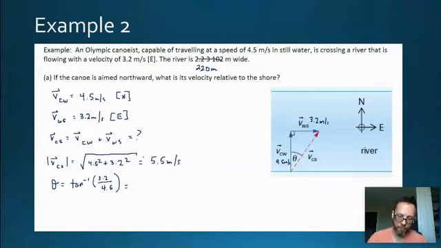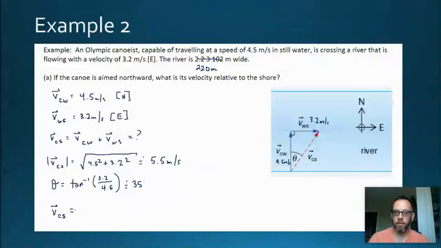And the direction, 3.2 divided by 4.5, inverse tan. Call that 35 degrees. And so the speed of the canoe with respect to the shore, so for an observer on the shore, in their frame of reference from the shore being stationary, they would actually see the canoe moving up across the river and to the east.